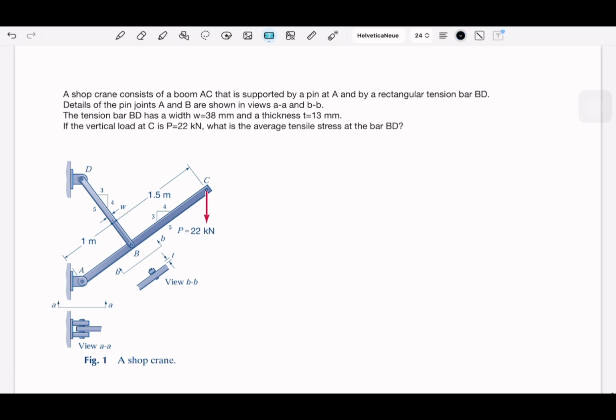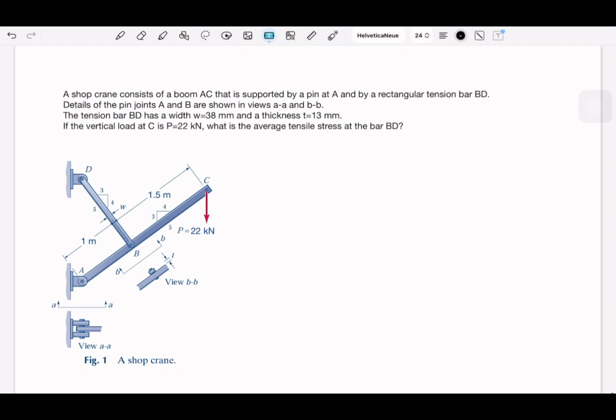So let's say we have boom AC, and it has a pin at A, and it has another tension bar BD supported by this BD. You can check the pin at A, this is the view from the top here. So you can see that the pin at A can move, okay?